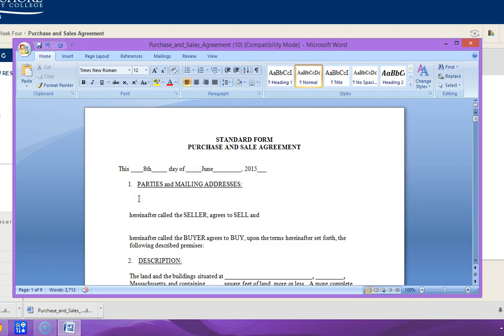To start drafting the purchase and sales agreement, you insert the name and address of the sellers above the word seller. So for purposes of your outside project, you are going to be completing a purchase and sales agreement where you're buying Magnolia Avenue from the Browns. So the Browns will be the sellers.